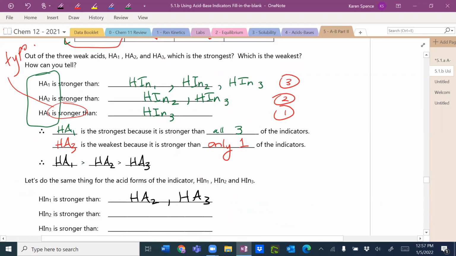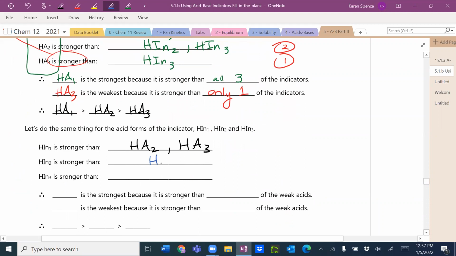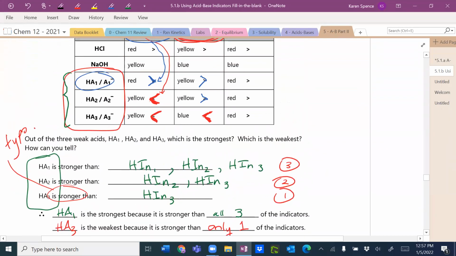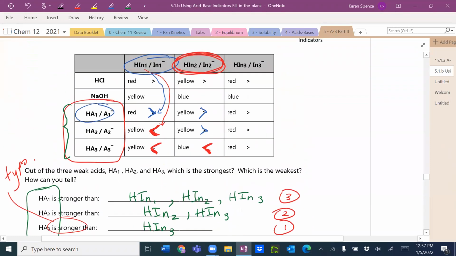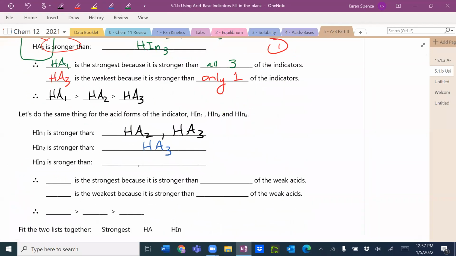All right, so HA3. And who is HIN3 stronger than? None of them. It's weaker than everybody over here. So none.